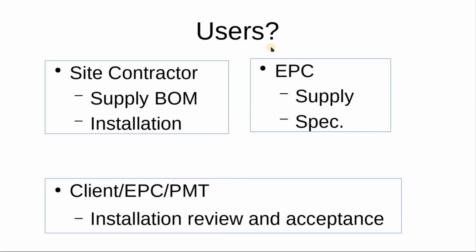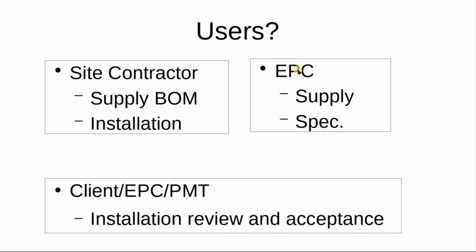So who is using this drawing? Who are the users? First, we said the site contractor. What is it used for? How to install all the devices, but also if there is anything he needs to buy, he will make the bill of material for that equipment.